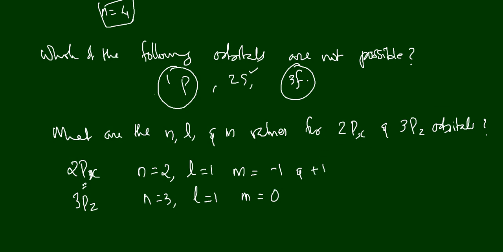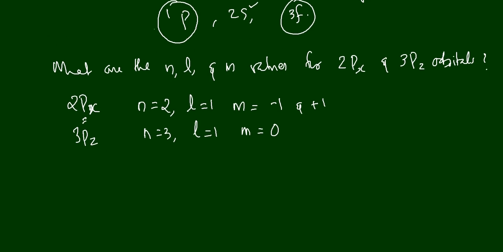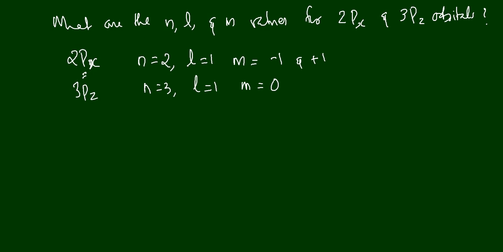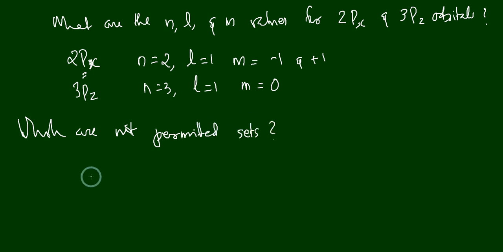And now we can go for the next question. Which of the following sets of quantum numbers are not permitted? We are given sets of quantum numbers, and we have to select which one is not permitted.